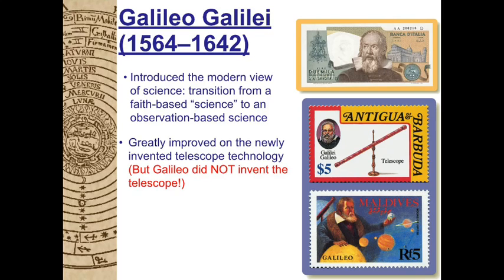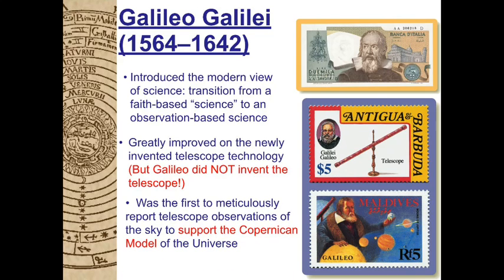So his observations are going to support Copernicus' model. Again, this is a heliocentric model of the universe with the sun in the center. And then Kepler has improved on this model by saying that the motion is now going to be elliptical.